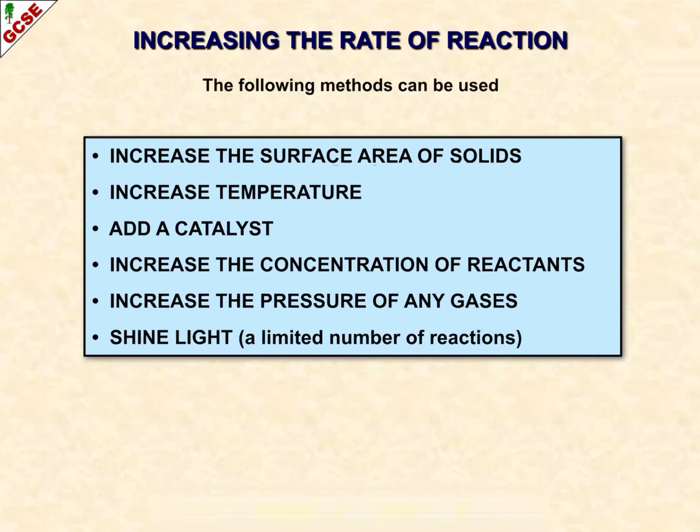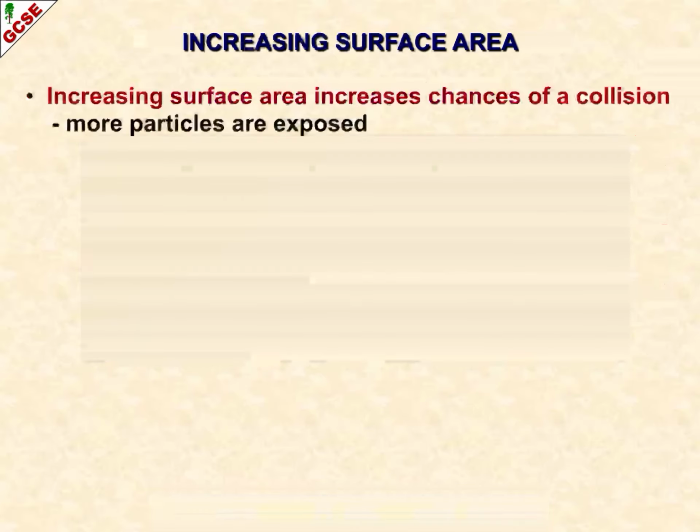We're going to talk about one by one what these are for. But these are the factors that increase the rate of the reaction. These are the things you can do to increase the rate of the reaction. So let's do this one by one.